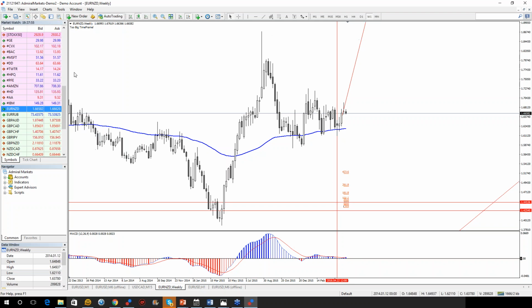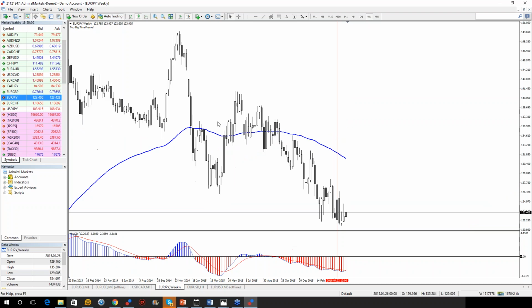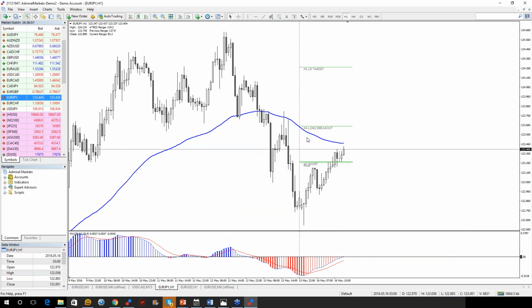Euro Yen, Egils is asking for Euro Yen. This is a good shorting zone. You're right, Egils. The only problem is I don't see any problem particularly with shorting Euro Yen, but I would maybe do it a bit higher, like here. Because yes, it should go down, but it might hit this level first and go down.